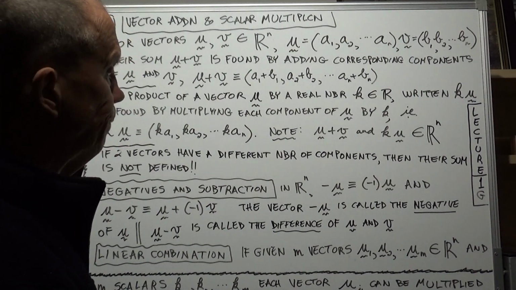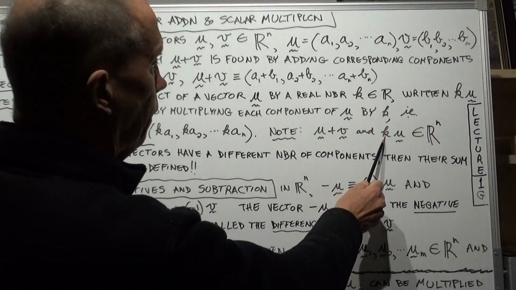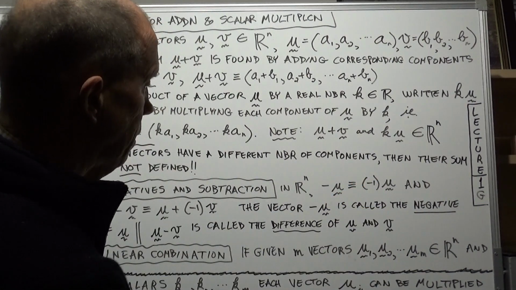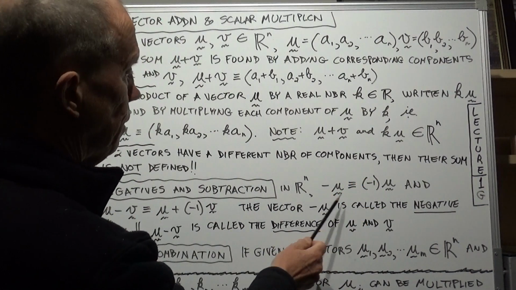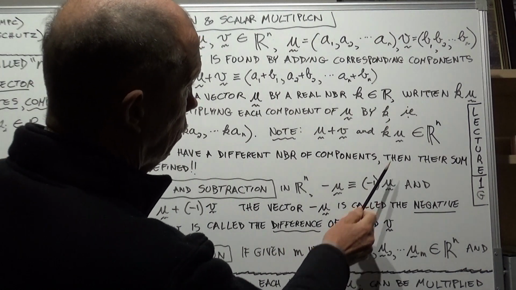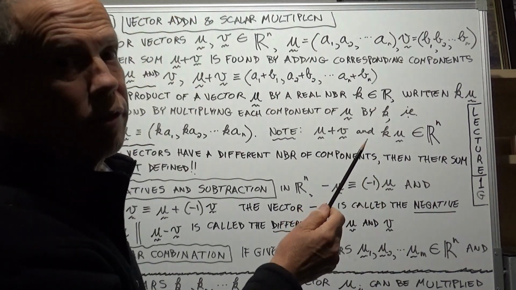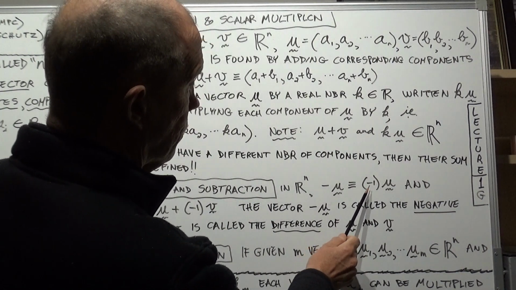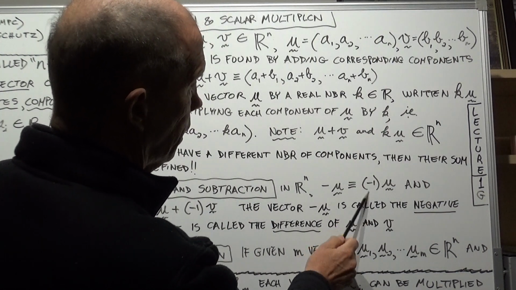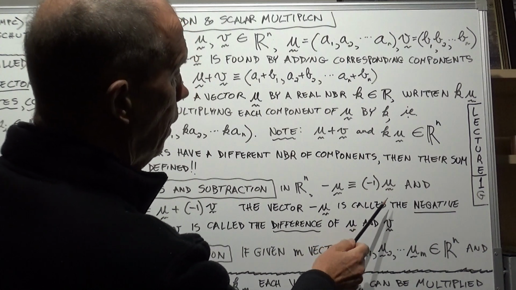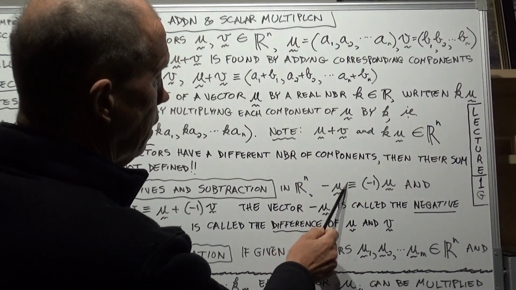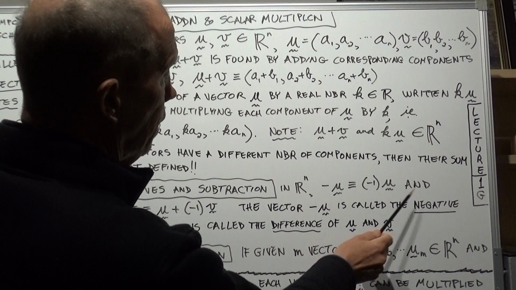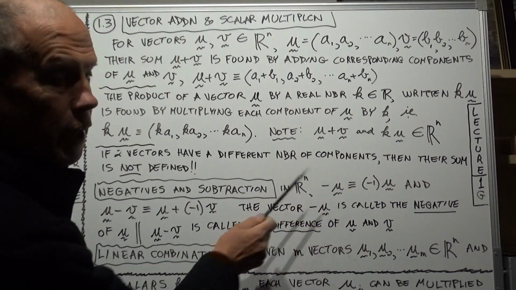Okay, now the concept of a negative vector. What does that mean? Well, your k here can be a negative number, let's say -1. So ku, where k is -1. Now -u is shorthand for this. Here are these three bars again.